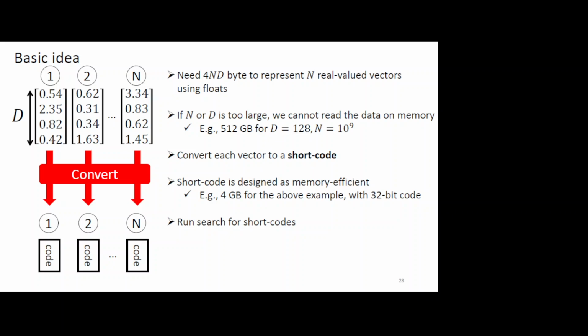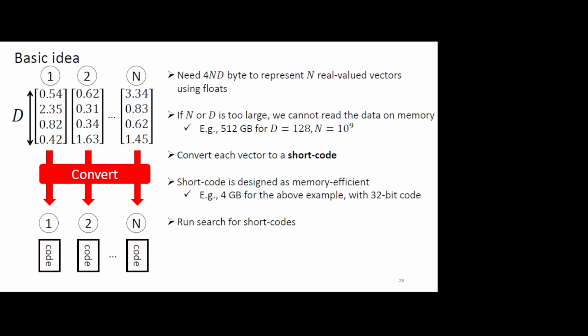Then you just use the code. The first vector converts to this code, and the code is very compact compared with your original raw vector. The second vector converts to a second code, and the nth vector converts to the nth code.